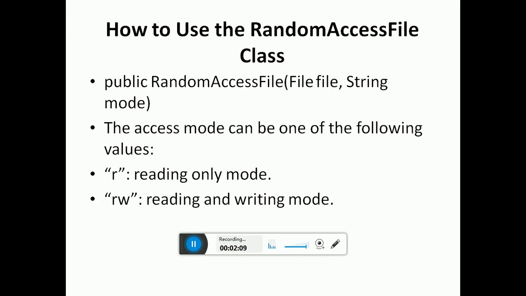The access mode can be one of the following values. The first one is r, which specifies that we can only perform the read operation, and the second option is rw, which means we can read and write the data in a random access file.